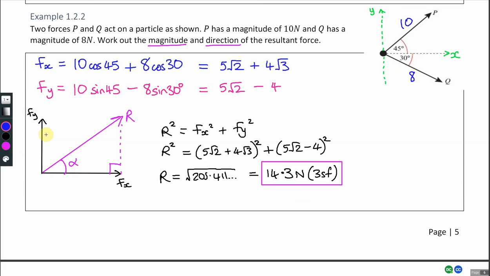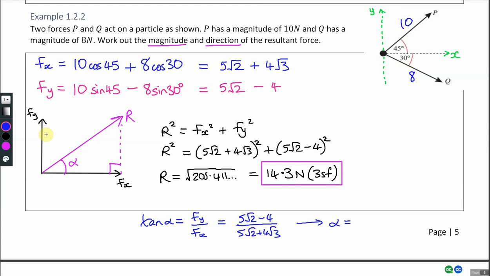So I'm going to work out the direction to the horizontal, which is alpha in my diagram. So tan alpha will be the opposite, which is Fy, over the adjacent, which is Fx. So 5 root 2 take 4, all divided by 5 root 2 plus 4 root 3. That's tan alpha. And then do inverse tan of that. You can give answer in degrees or radians.